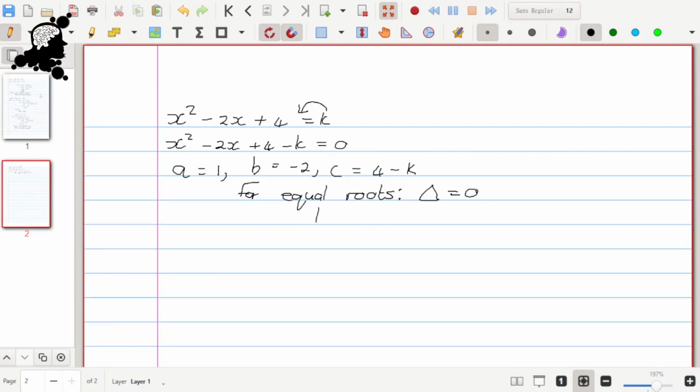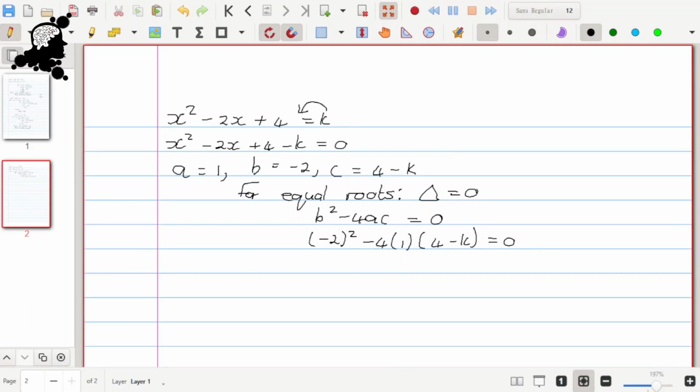So I'm going to say here, b squared minus 4ac, which is delta, is equal to 0. Now I can substitute what I have. Negative 2 squared minus 4 into the value of a, which is 1, the value of c is 4 minus k. This is going to be equal to 0.